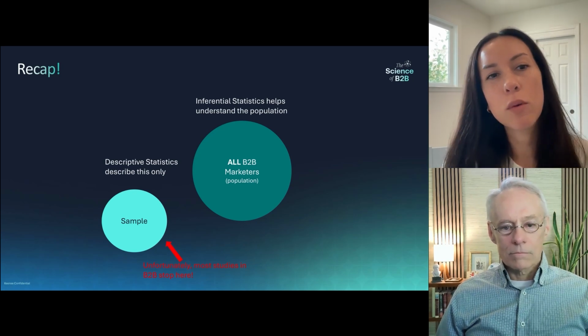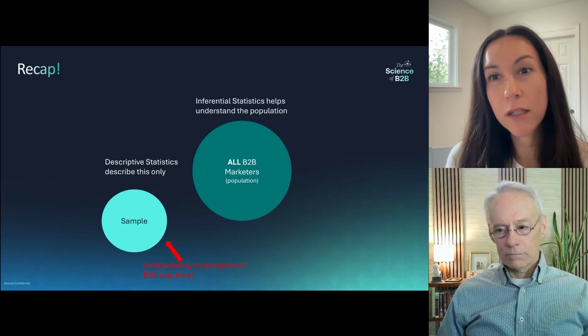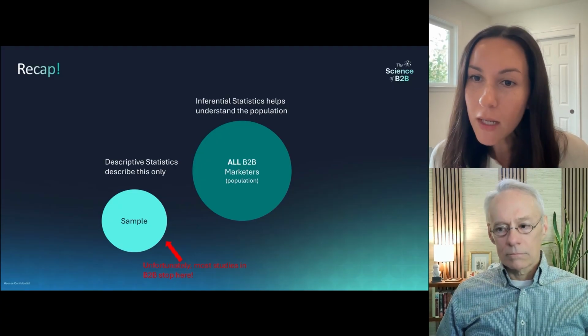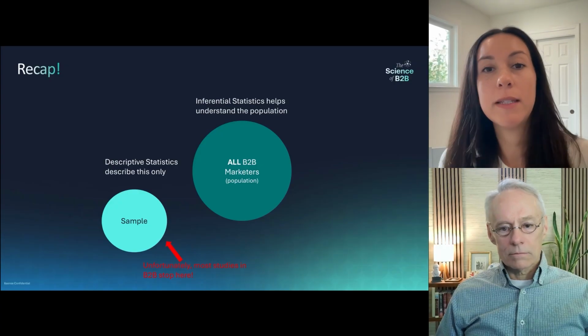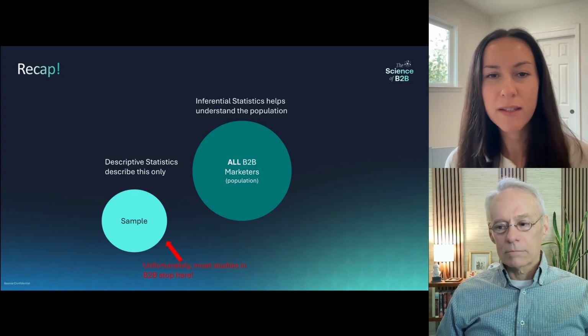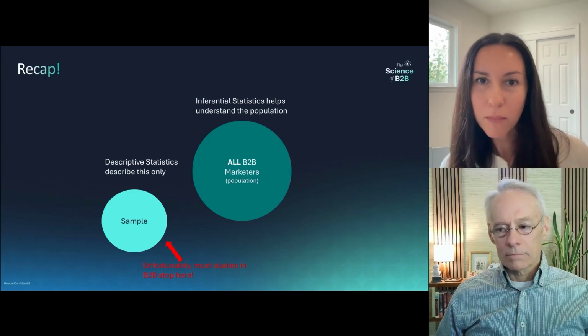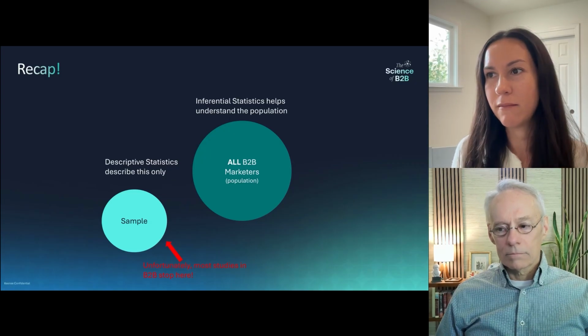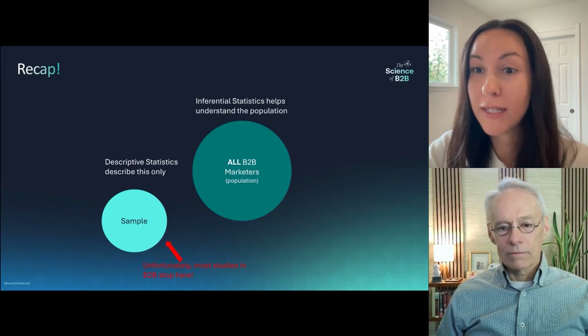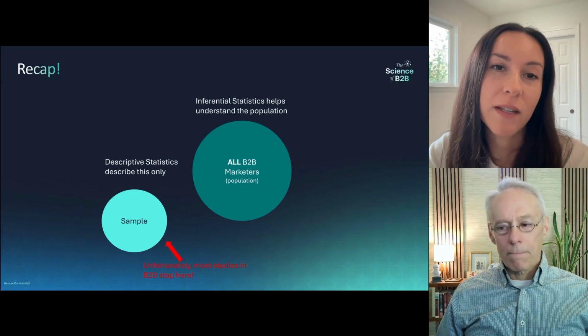If they are not reporting any kind of stats, it's probably the case that they are not doing them. So we want to look for these things. Did they do the math to understand whether the trends that they're saying for this sample of people represent everyone else? It's really important that we look for those indicators in the reports that we read.